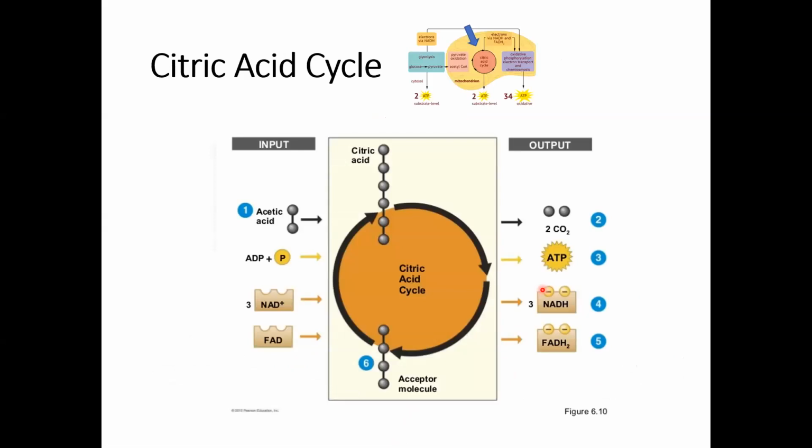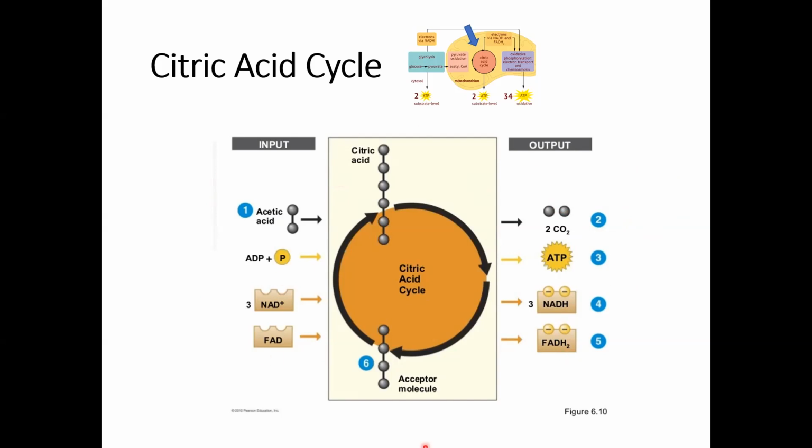So this is what your book shows the citric acid cycle as. Essentially you have a 4-carbon molecule that's already there, and then you have acetic acid, which is your 2-carbon molecule, come in and attach to that 4-carbon molecule. It goes through this cycle. This is what is required. This is your output: 2 carbon dioxides, ATP, 3 NADHs, and FADH2.